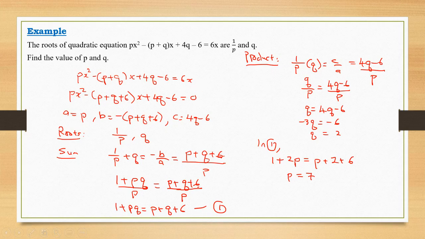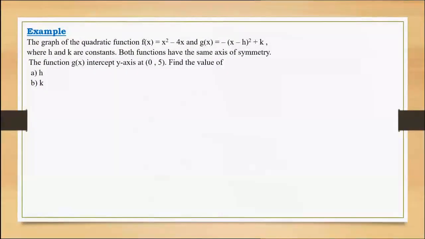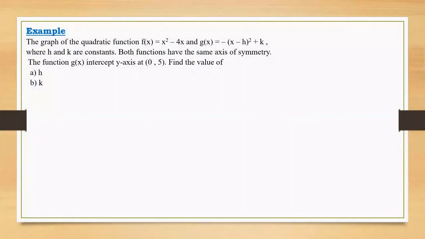Okay, recall back just now I told you I'm going to show you a method to find maximum and minimum. What you see here is you are given two functions and they say they have the same axis of symmetry. One of them has A greater than 0, so this is a minimum point.